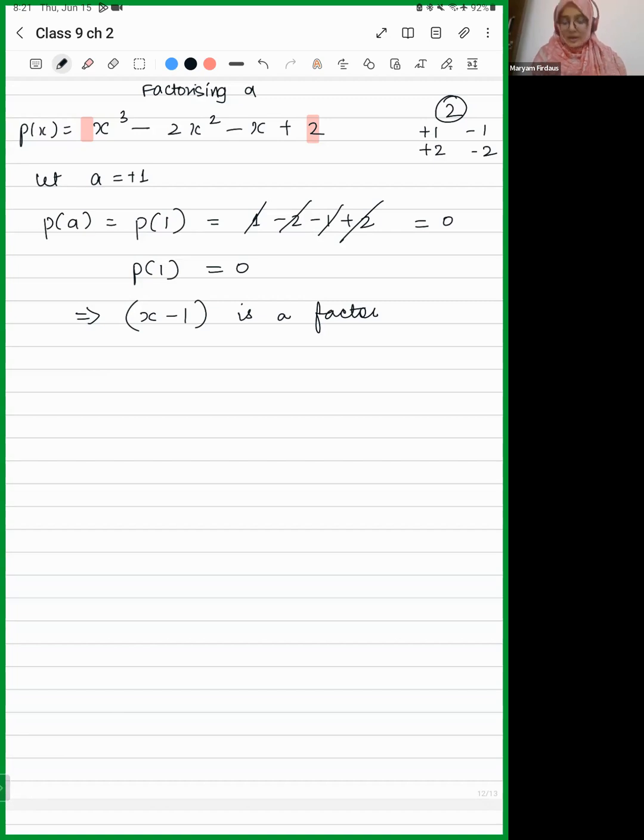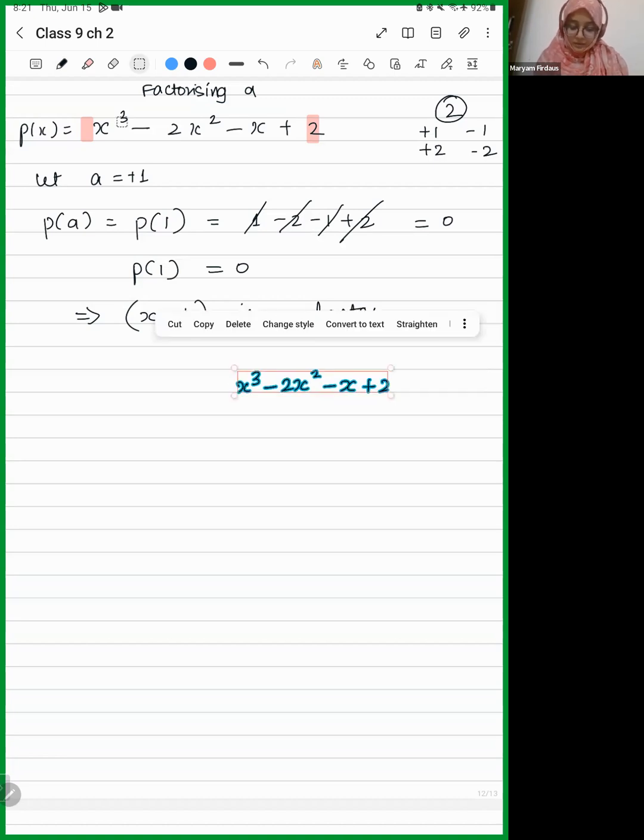You struggle with that? Okay, no problem. Let's try to do the long division of polynomials. So x cube minus 2x square minus x plus 2, this we have to divide by x minus 1.